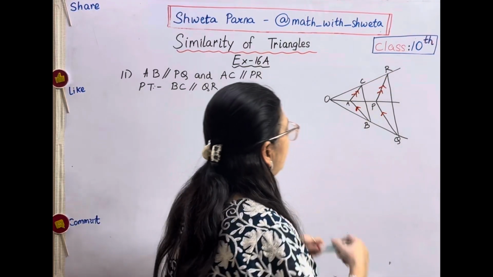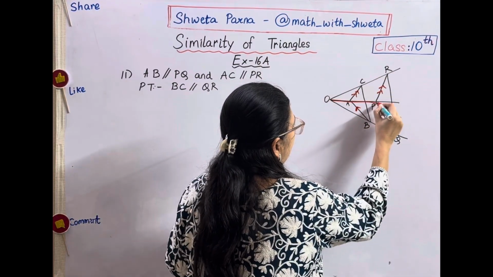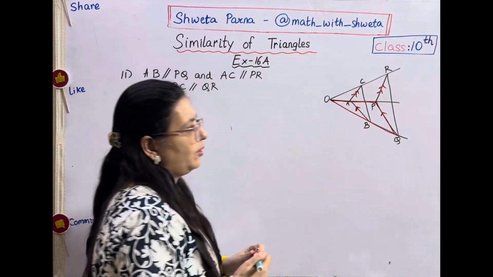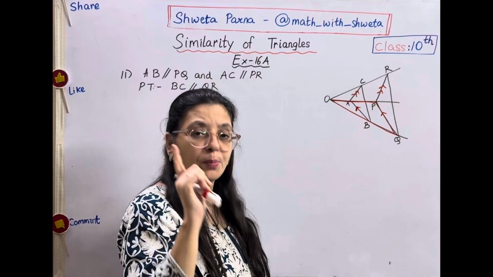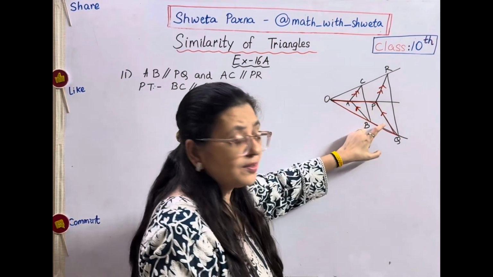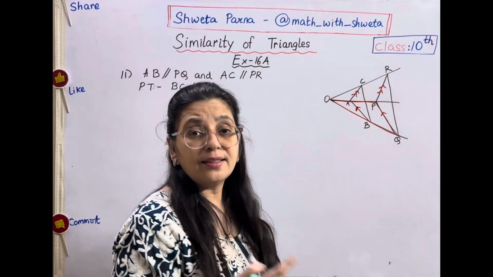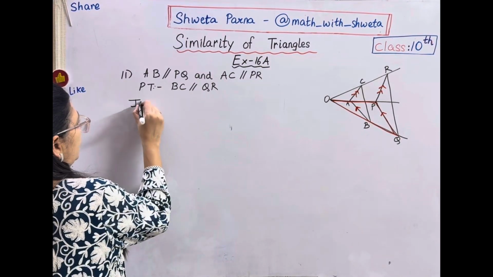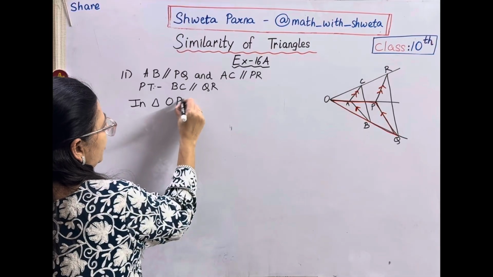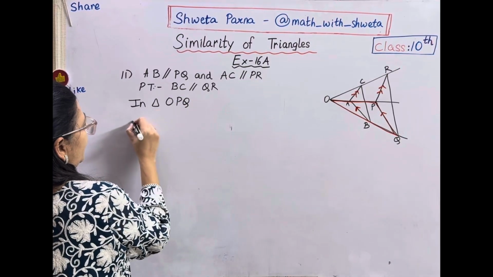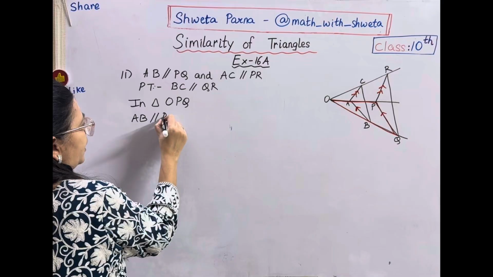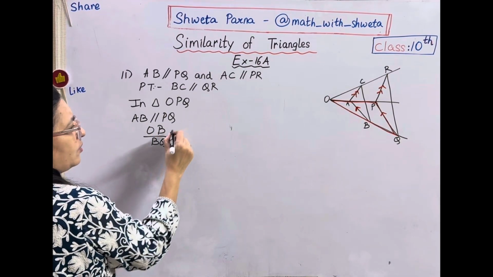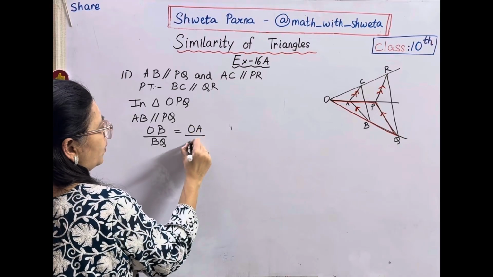So if you take this triangle, as per the basic proportionality theorem, since two sides are parallel to each other, that means the sides are proportional. So you will have to write, in triangle OPQ, since AB is parallel to PQ, that means OB upon BQ is equal to OA upon AP.